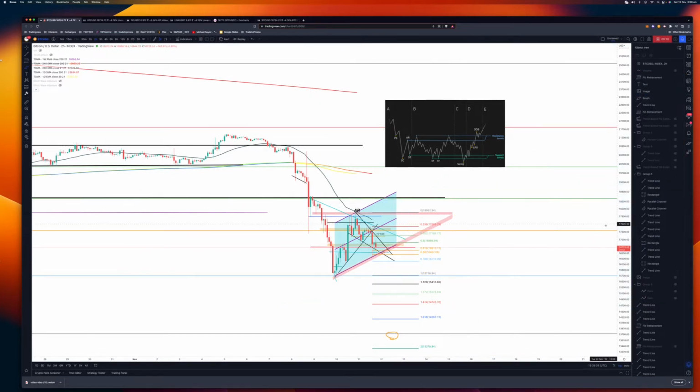For now, this is likely to hold. We'll put the 618. Right, so it's a good position to jump into.